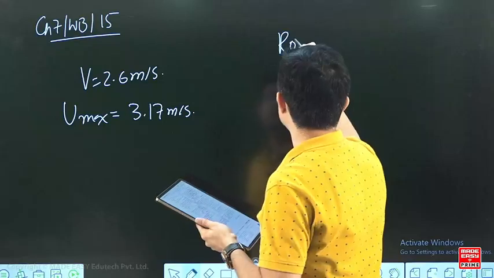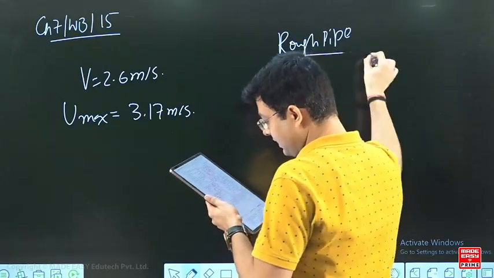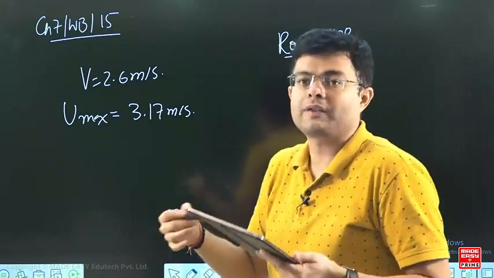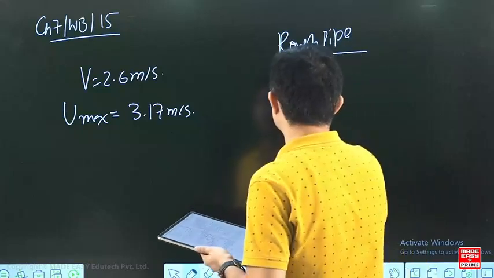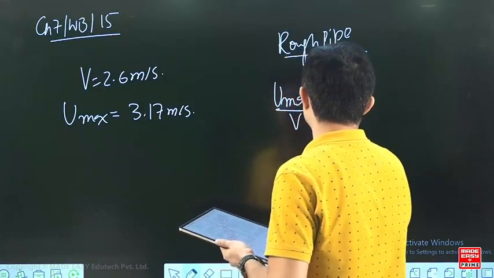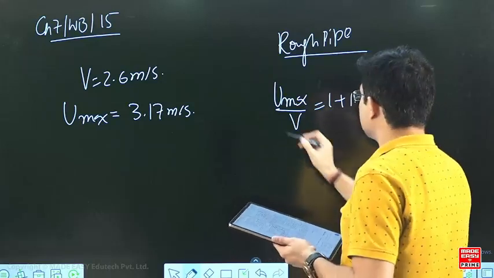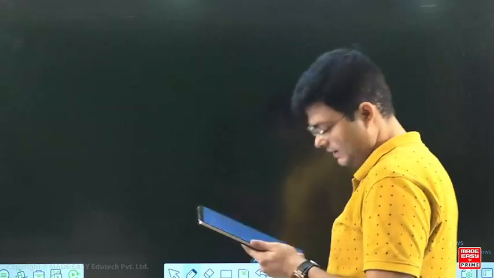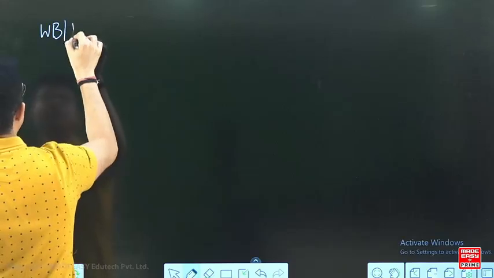So clearly in the question it is mentioned that it is a rough pipe, indicating that the flow is turbulent. If the flow is turbulent, directly you can use U max by V is 1 plus 1.33 root f. So U max you know, V you know. Can you find the value of friction factor? Yes, you can find.